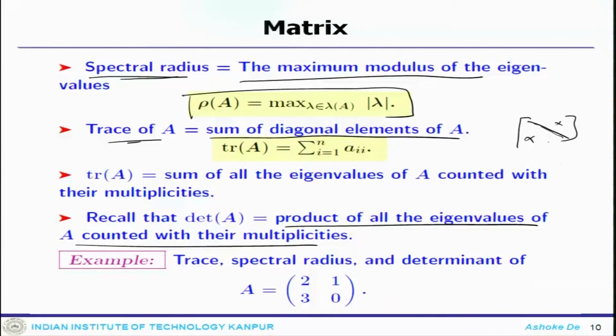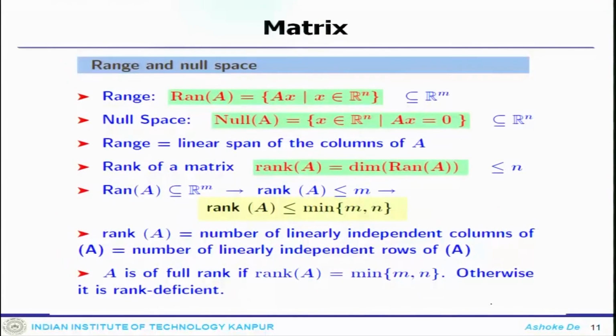So, that means if I find some lambda 1, lambda 2 and so on, as long as they are distinct, the product of those is going to be the determinant of A. For example, let us say A is 2, 1, 3, 0. Calculate that, and you will find what is lambda, what is trace, what is determinant. So, all these you can find out from finding the lambda.